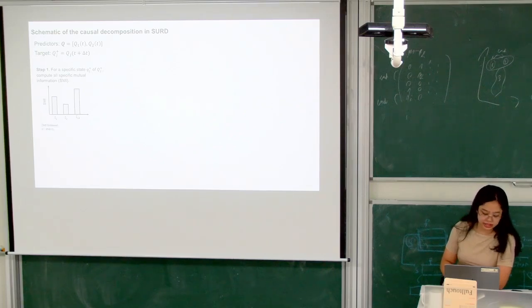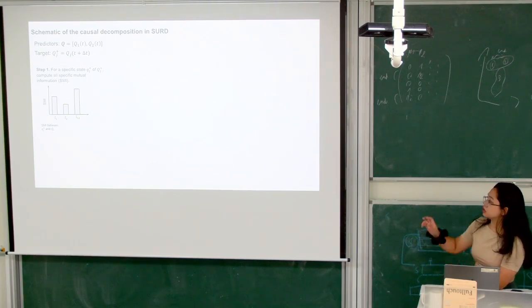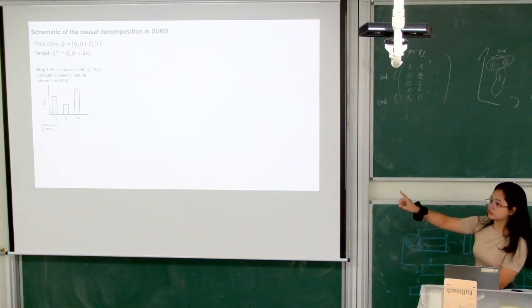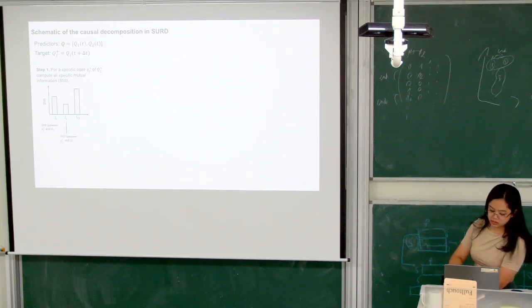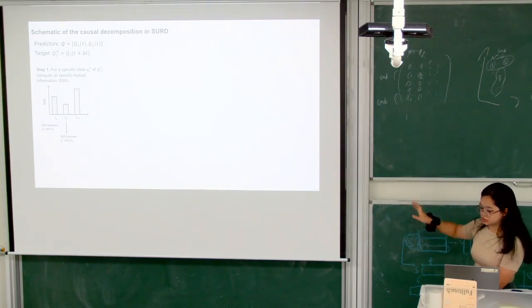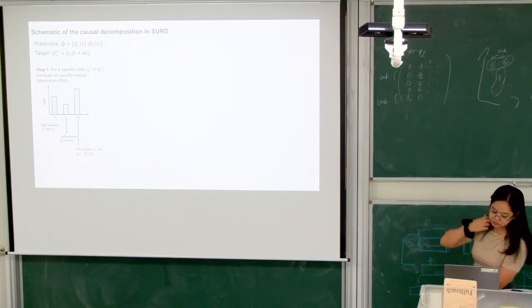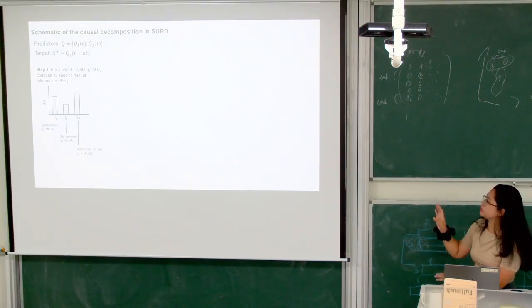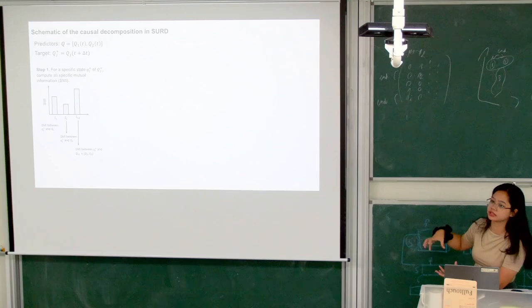The first bar there is the specific mutual information between that target variable and the predictor Q1. The second one is the SMI between the target variable and the predictor Q2. And finally, this is the SMI between the target variable and the full set of predictors.